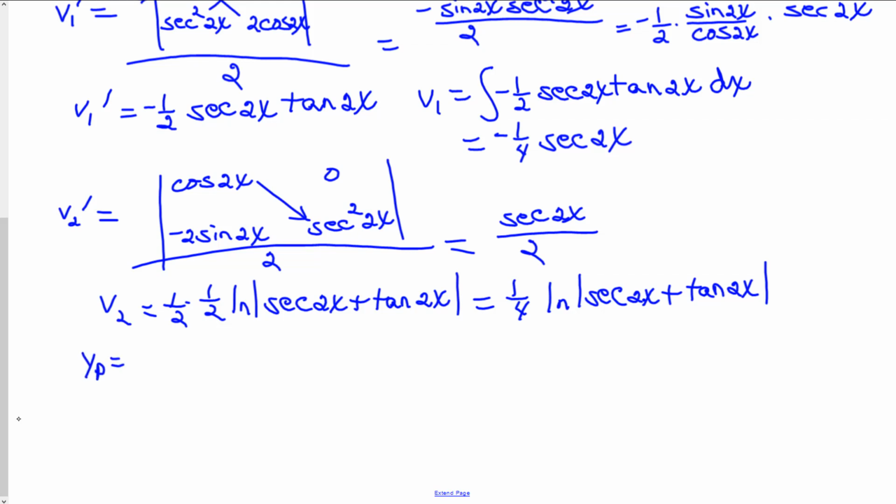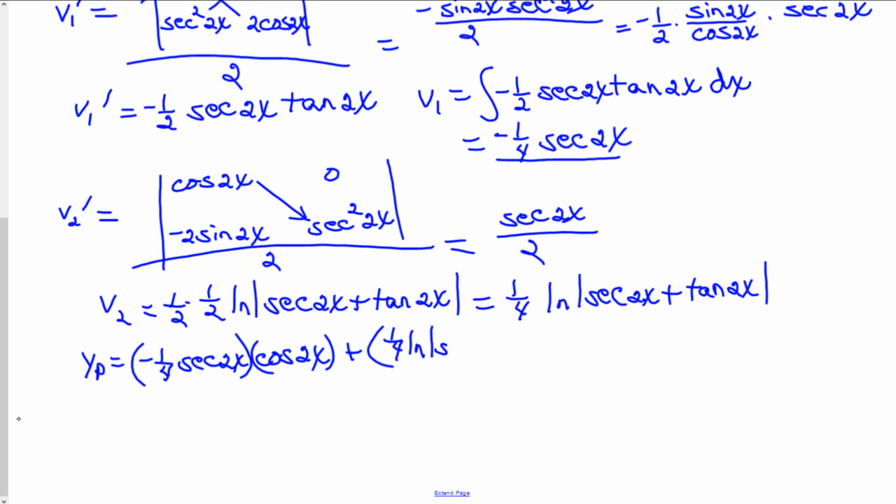So y sub p, remember, was v sub 1, and this was v sub 1 right here, the negative 1/4 secant 2x, multiplied times cosine 2x, which was my y1, plus, and then all of v sub 2, 1/4 ln absolute value secant 2x plus tangent 2x, times the second function, y2, which was sine 2x.